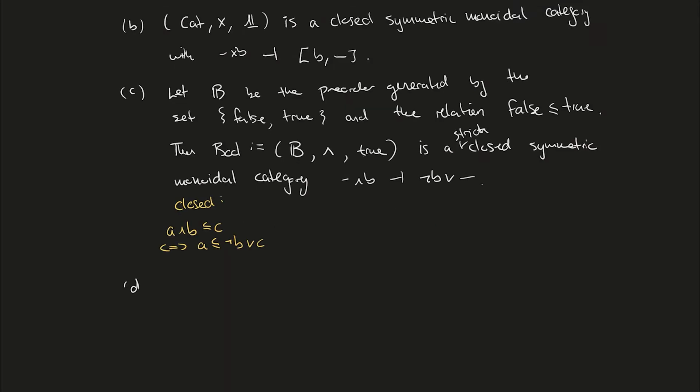Our fourth example is similar to the third. So we let R plus bar denote the extended non-negative real numbers, and we want to have these under the ordering greater or equal to. For example, 3 is greater or equal to 2, and infinity is greater or equal to any real number.